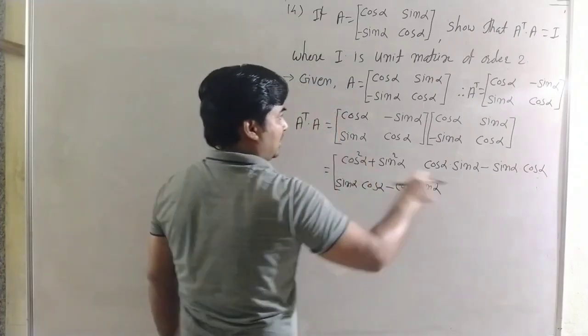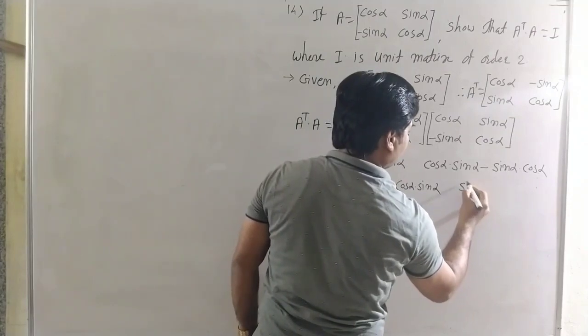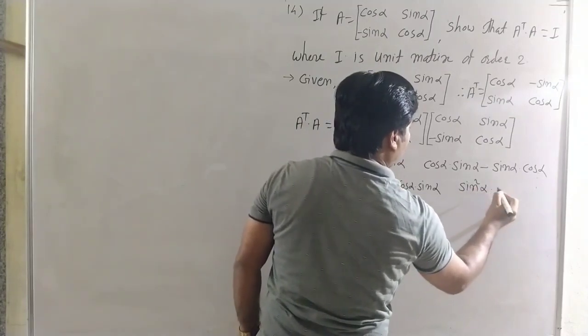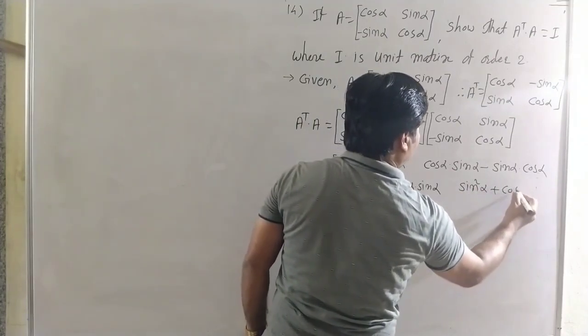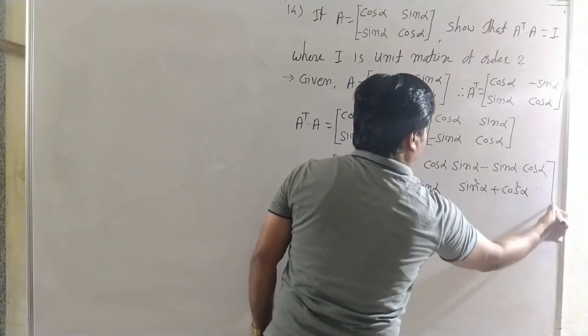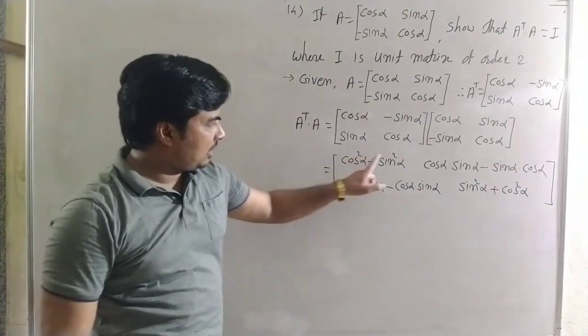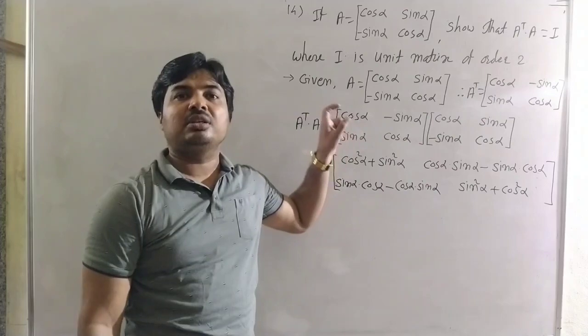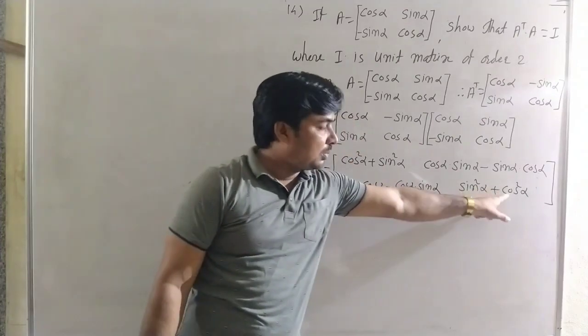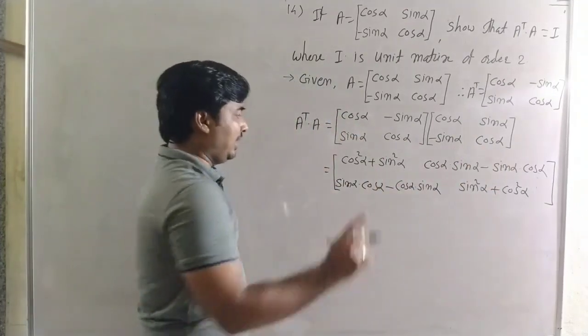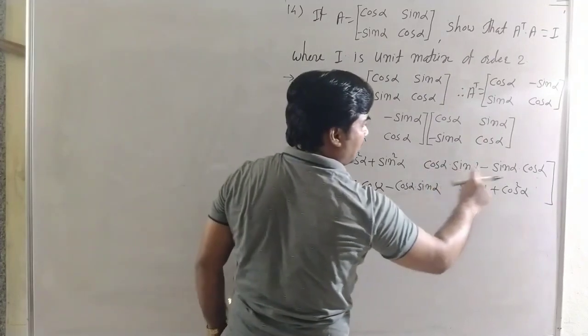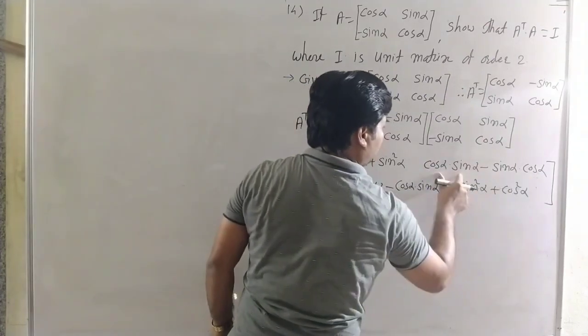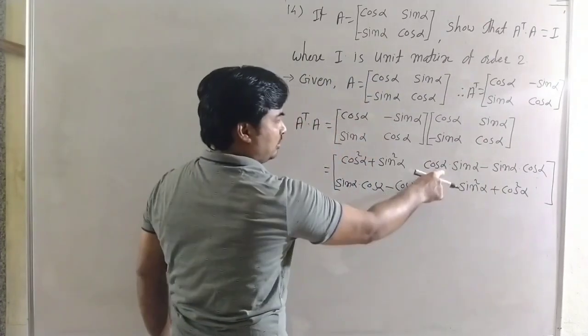Okay, now second row second column, sin square alpha plus cos square alpha, and here cos square alpha plus sin square alpha, it is a trigonometric identity. Sin square alpha plus cos square alpha is 1, and here it is cos alpha sin alpha and sin alpha cos alpha, both are the same, and there is a subtraction, so it will be 0.